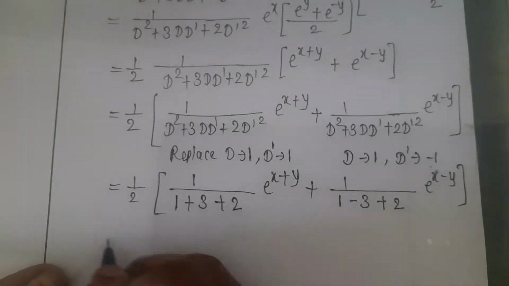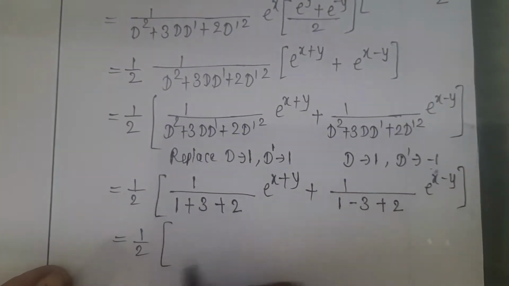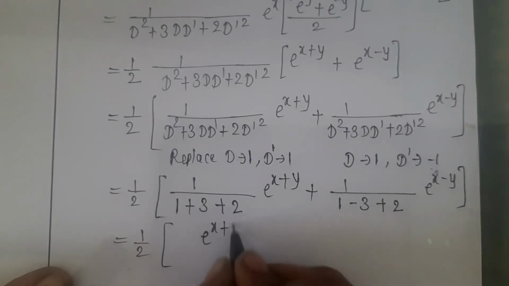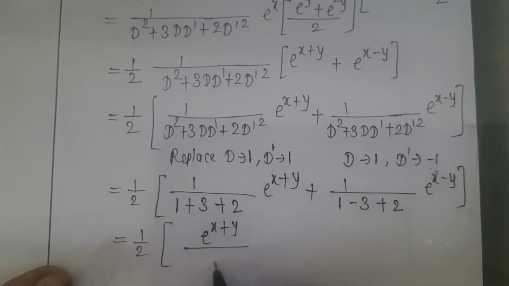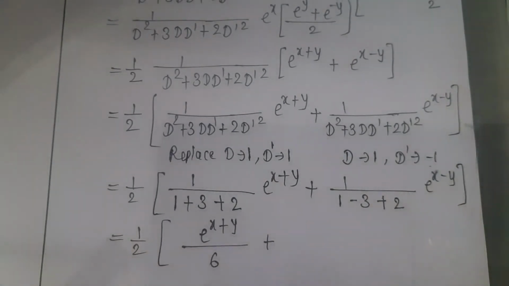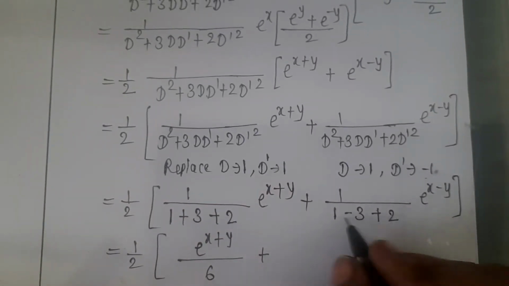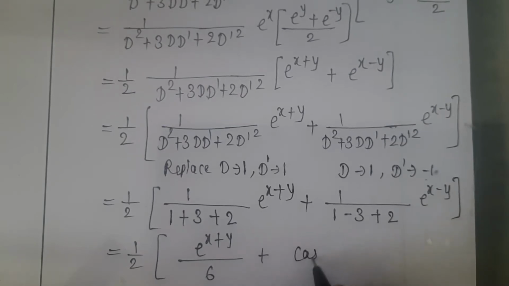Now check whether you are getting the answer or not. It is 1 by 2 times e^(x+y) divided by 6 plus e to the power... the denominator gets cancelled, 3 minus 3, which means here the case fails.